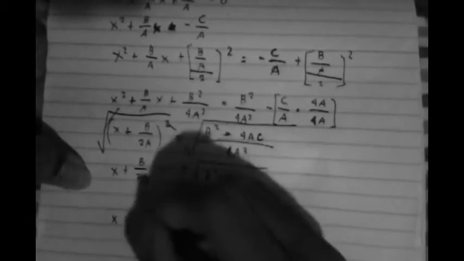Then isolate b over 2a so that we have the x variable left on the left hand side of the equation, and that is our formula. So x is equal to plus or minus the square root of b squared minus 4ac all over 2a. Then I transpose b over 2a.